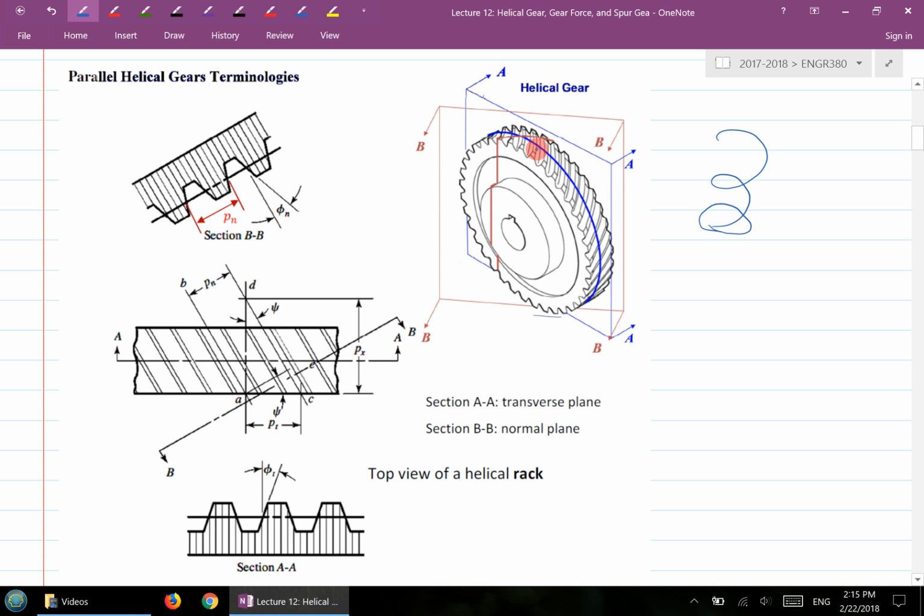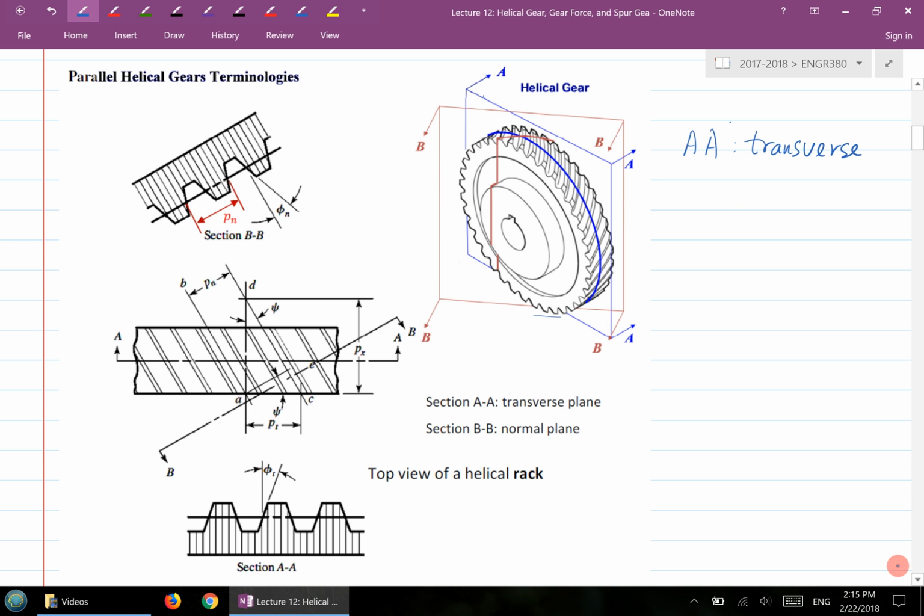But the parameters are slightly different. We have essentially two sets of parameters. The front view, the AA plane here, is called the transverse direction.